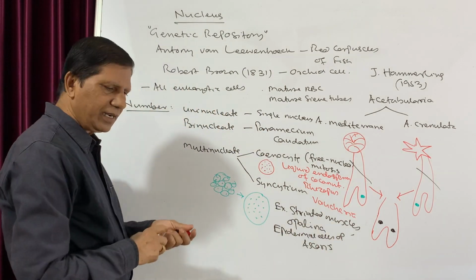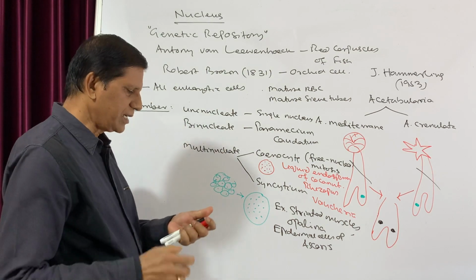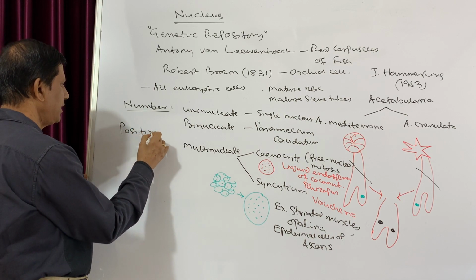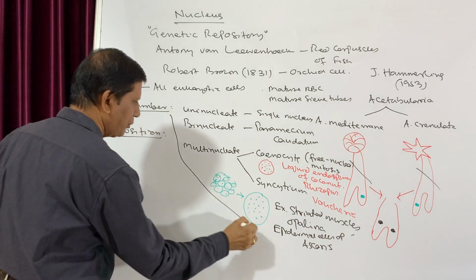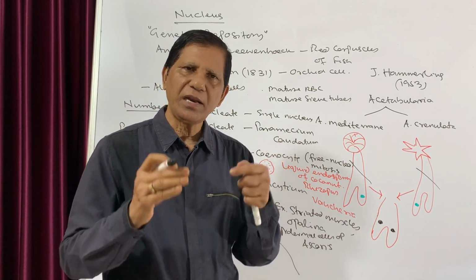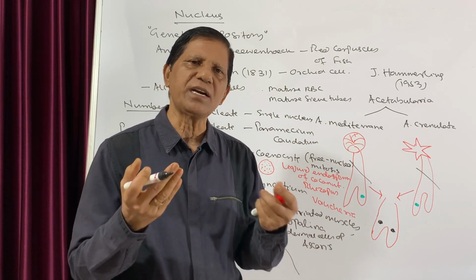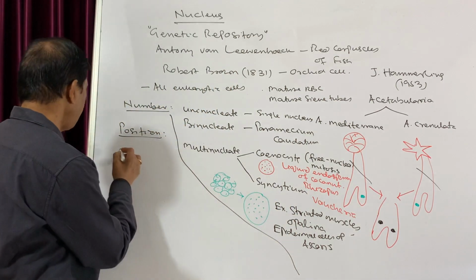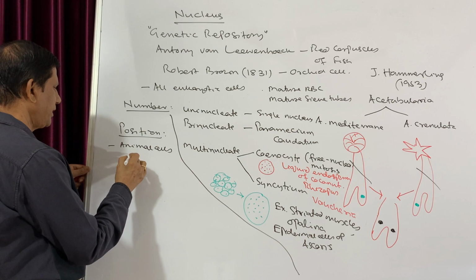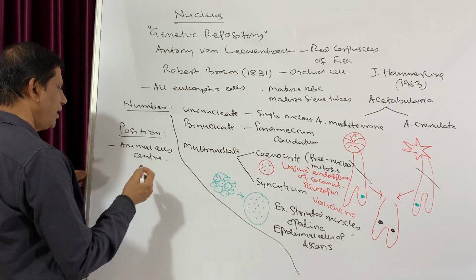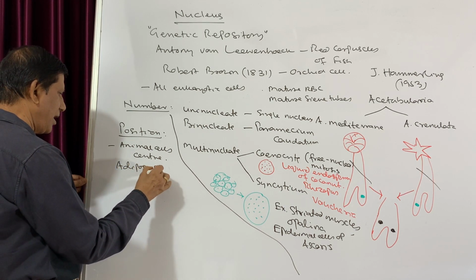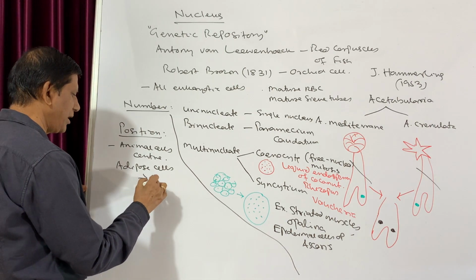So this is regarding the number. The next is the position in the cell. What is the position in the cell? Usually in most cells, and particularly animal cells, the nucleus is almost central in position. In animal cells, it is usually present in the center. But in the adipose cells of animals, it is usually peripheral.